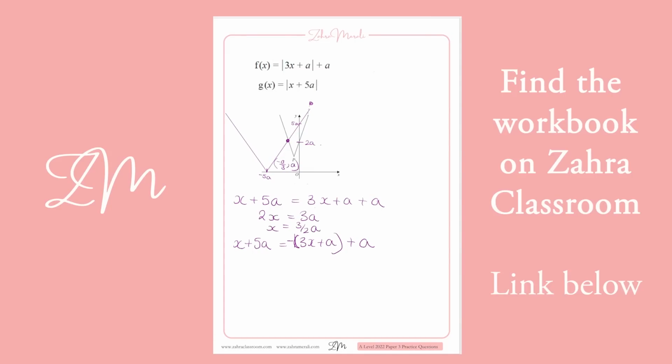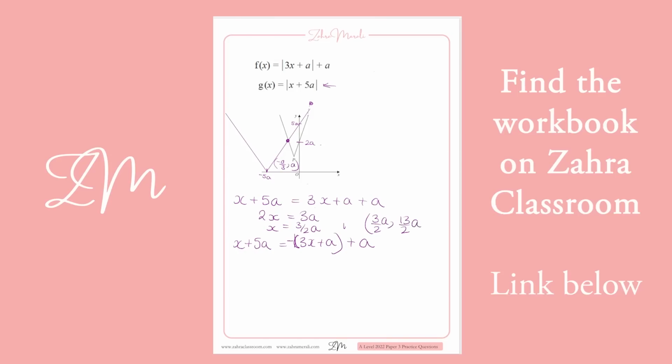Now if x is 3 over 2 a, we can substitute that back in, so let's put it back into here. Doesn't matter which one, we should get the same answer. So 3 over 2 a plus 5a is going to give you 13 over 2 a. So then my coordinate here is 3 over 2 a and 13 over 2 a.